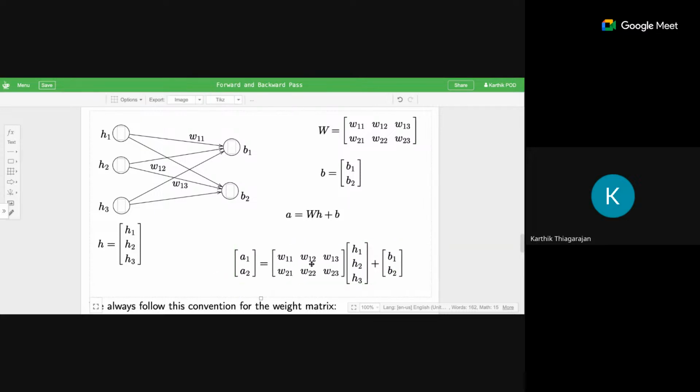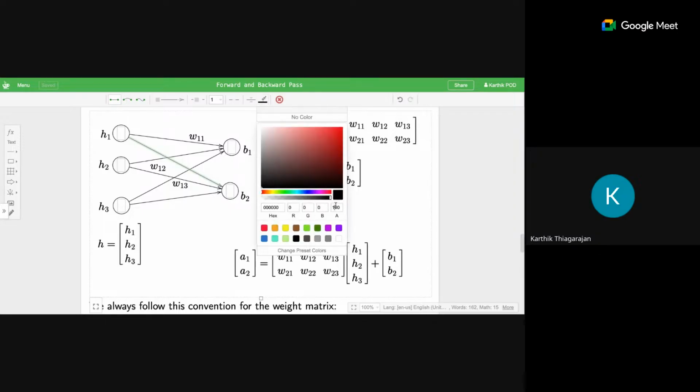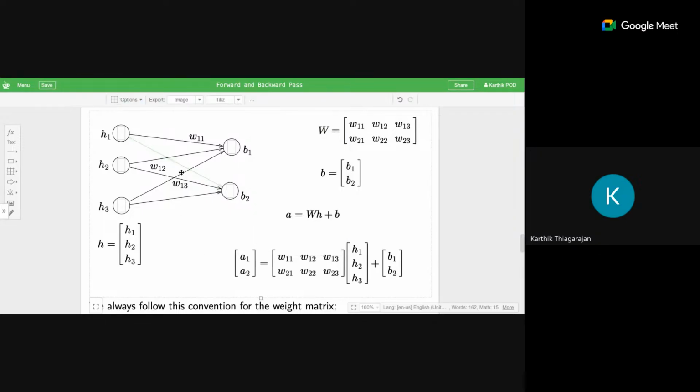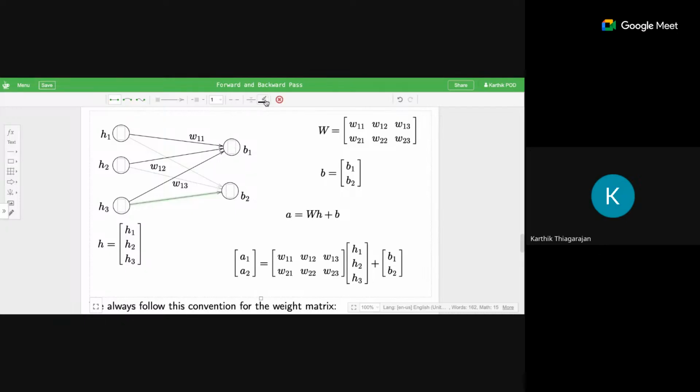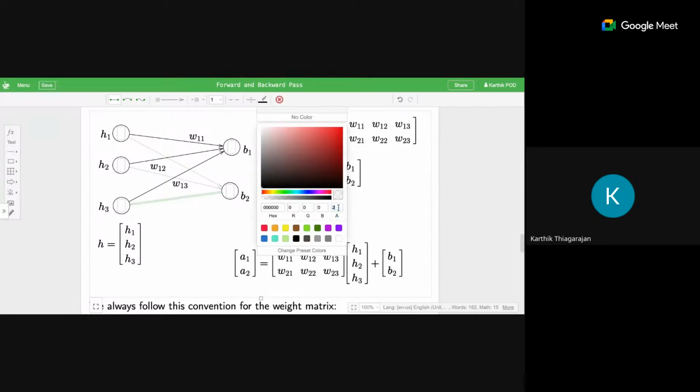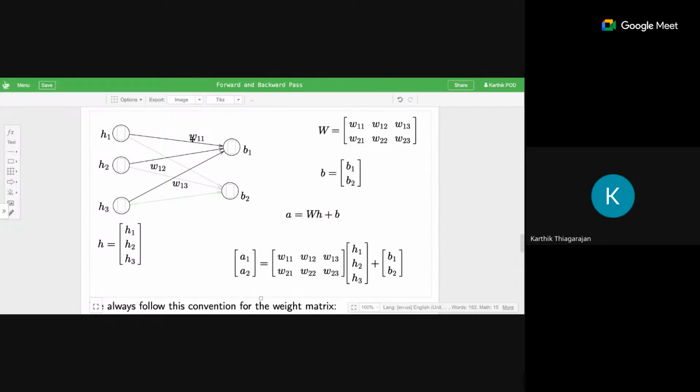So notice what's happening for computing A1. I don't want this disturbing the flow, so let's make it gray. Now notice what is happening.